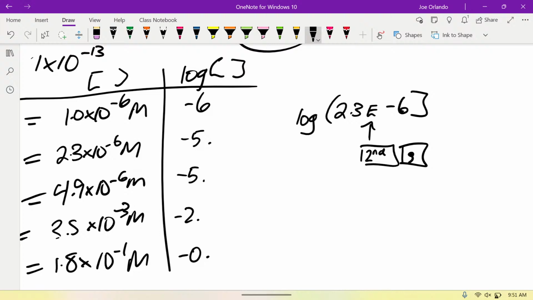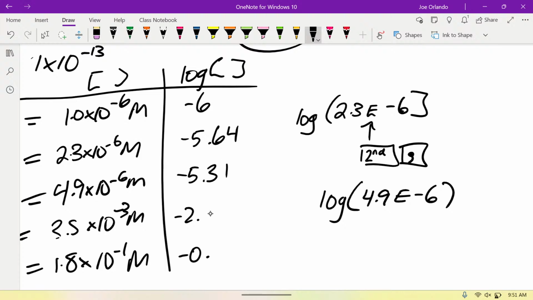What do we get? 5.63. Cool. Whatever, 5.64. What about this one? Take the log of 4.9 times 10 to the exponent negative 6, right? Do that on your calculator. 5.31.